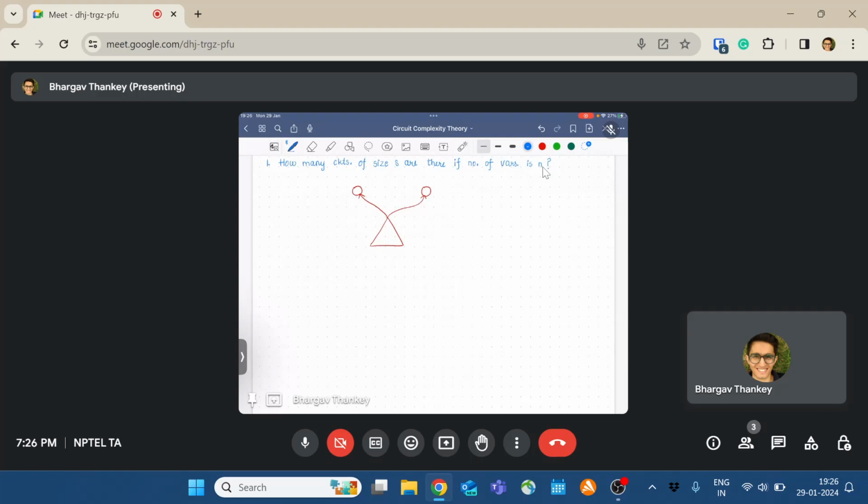Okay, so there are S gates, and for each gate we have three options, right?